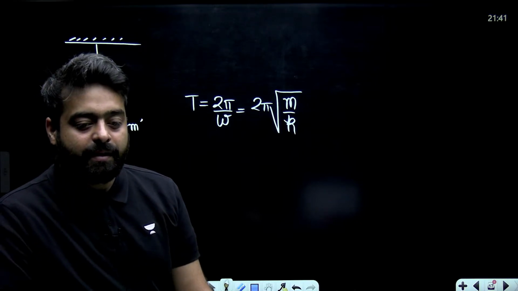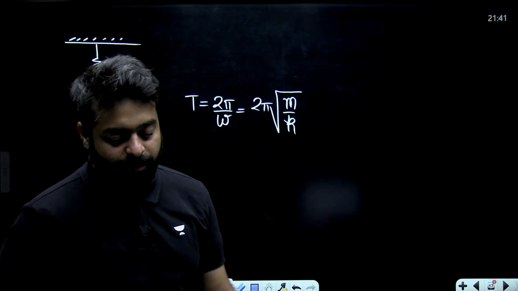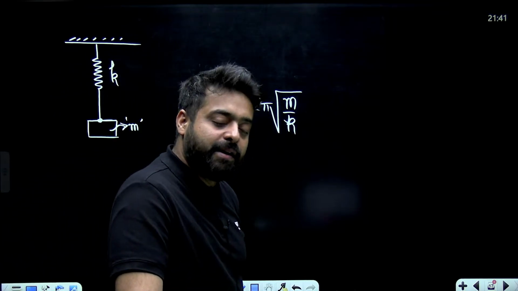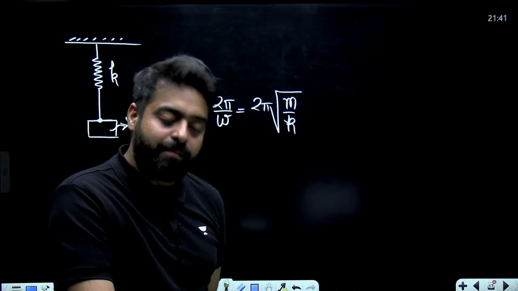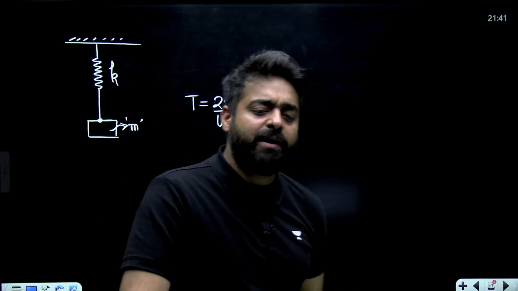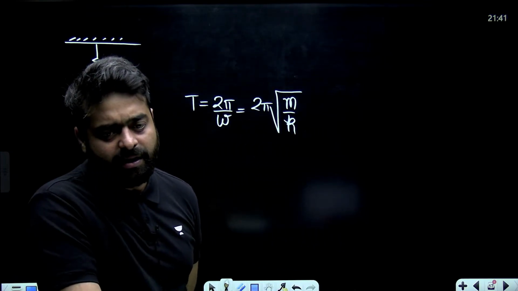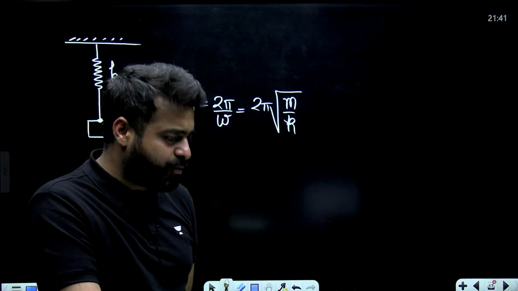That is something you should be aware of. Okay, m by k, that is the basic fundamental of the time period of oscillation, which is coming from the spring part.